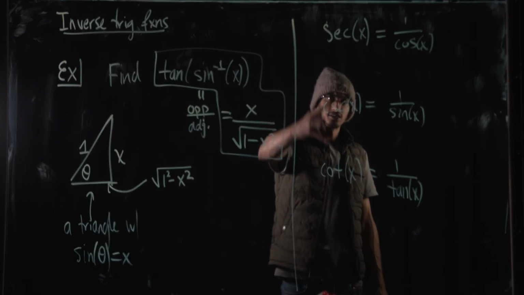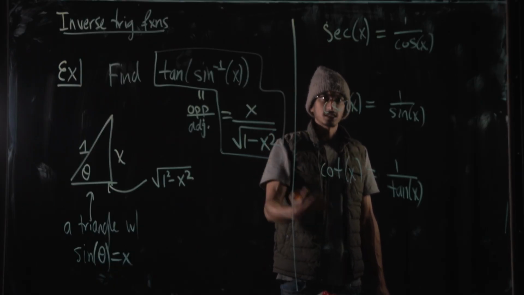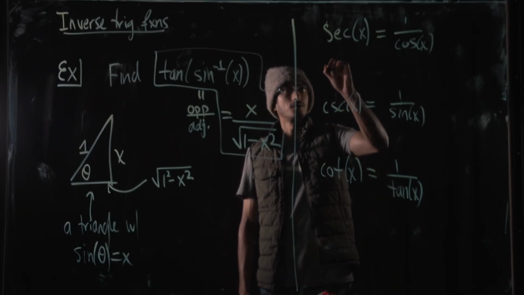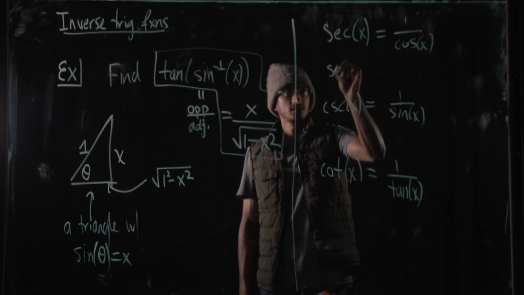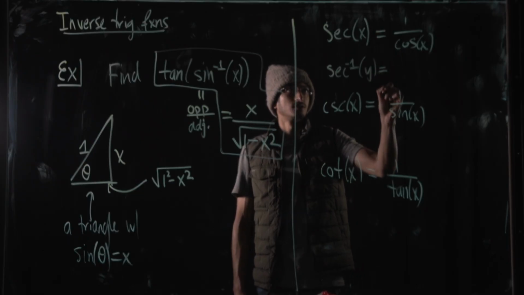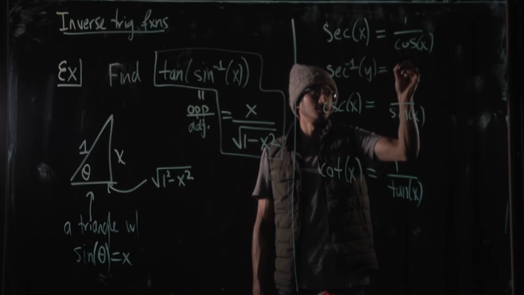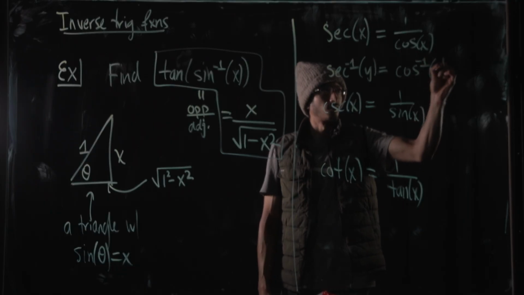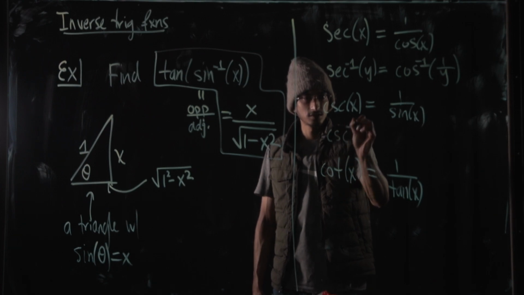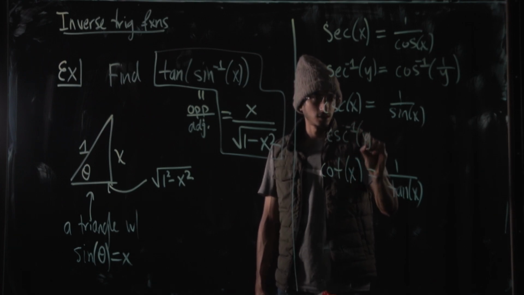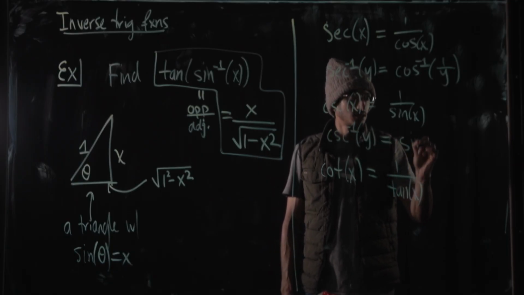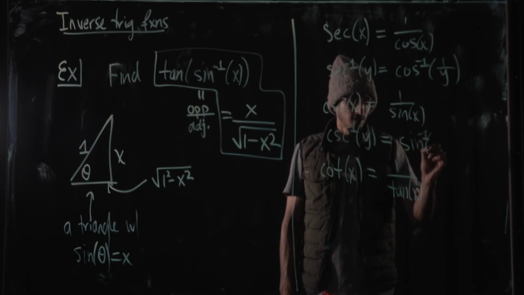And just like we have these trig ratios here, we also have inverse functions of them. So secant inverse of a ratio, since this is 1 over this, is exactly the cosine inverse of 1 over y. And cosecant inverse of y is going to be the sine inverse of 1 over y.